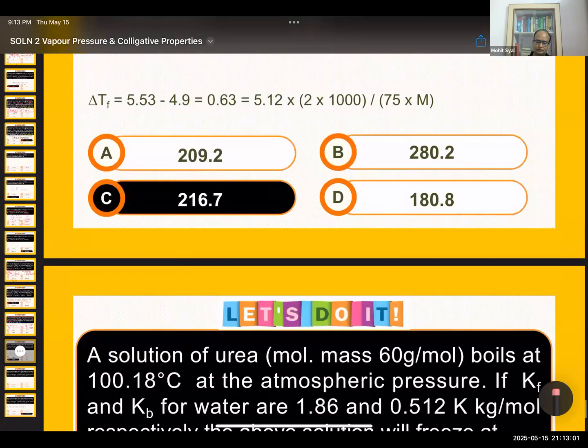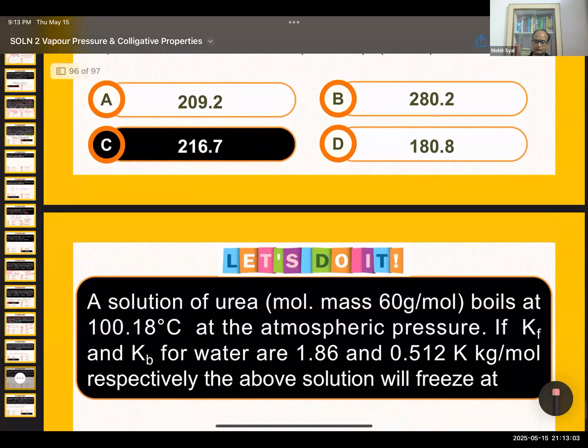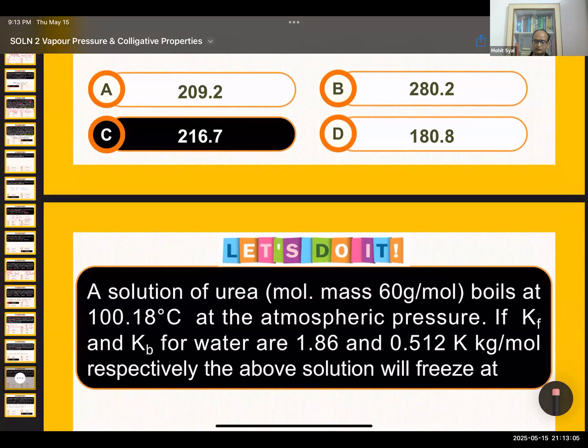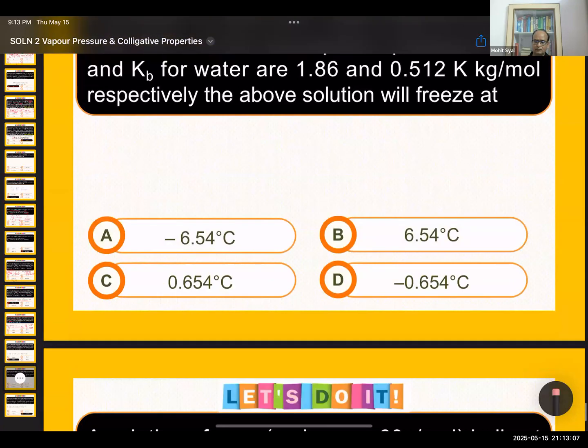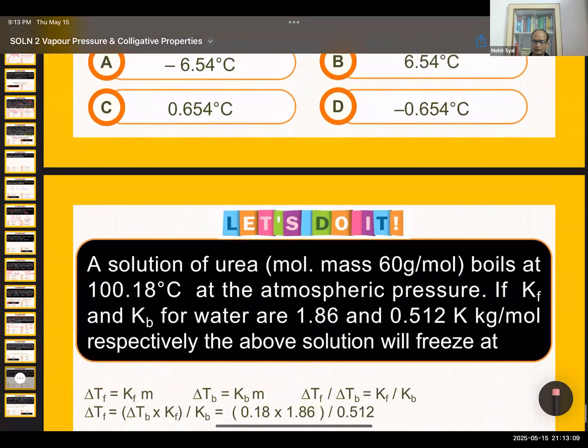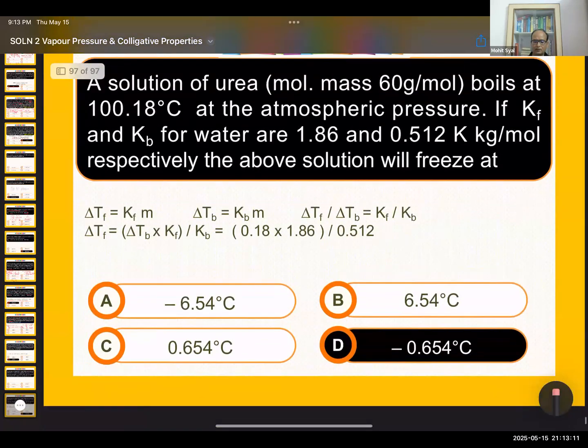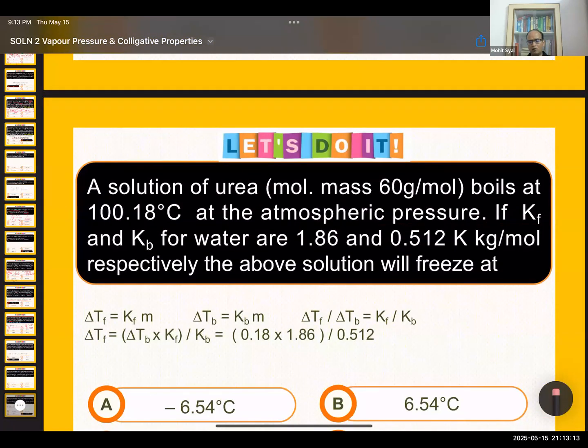Clear? This question we already did. Okay. Now let's move on to the next chapter, electrochemistry.